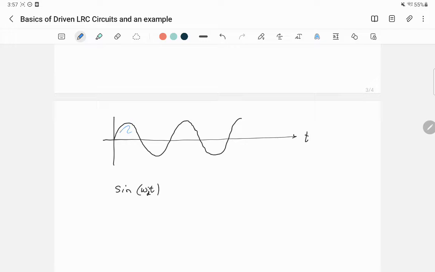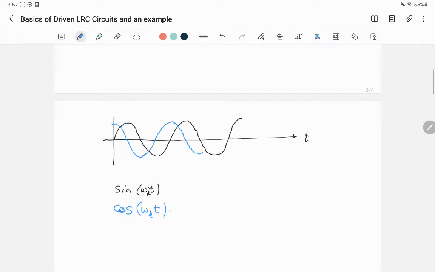I'm going to draw the cosine. It maxes out at t equals 0, and then takes the value 0 when the sine function maxes out. So I just drew the cosine of omega d times t.